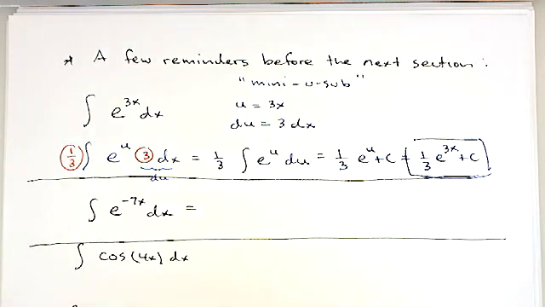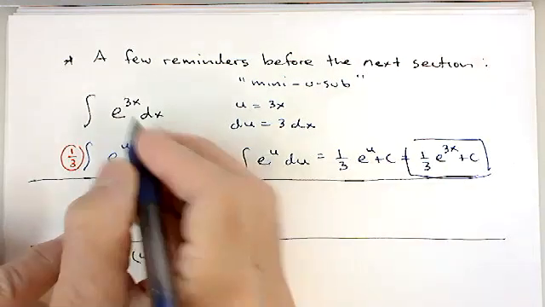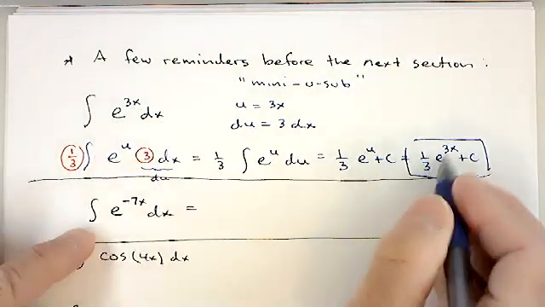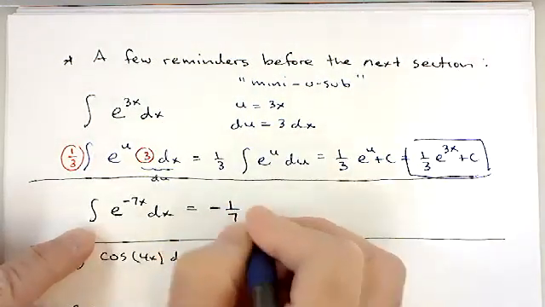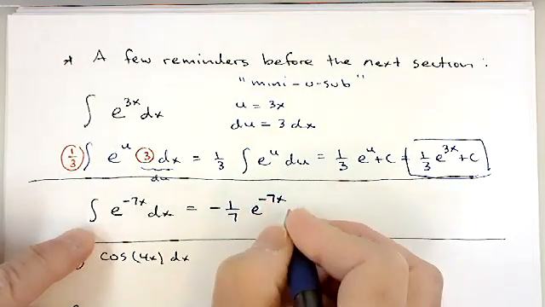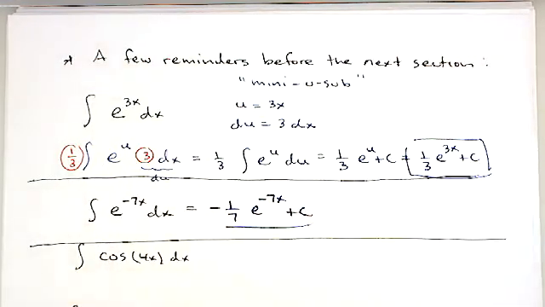What do you think it would be? Well, that's hard to write in the chat. Oh, good. Maya was on it. How many people agree it would seem reasonable, since the antiderivative of e to the 3x was 1/3 e to the 3x, this would be -1/7 e to the -7x plus c, right?